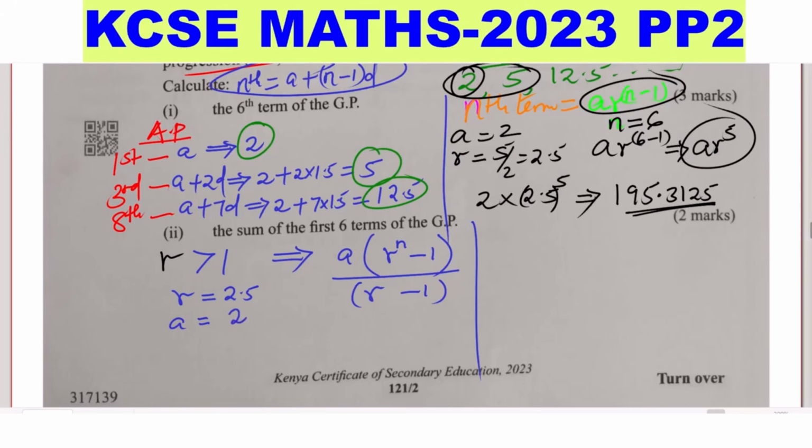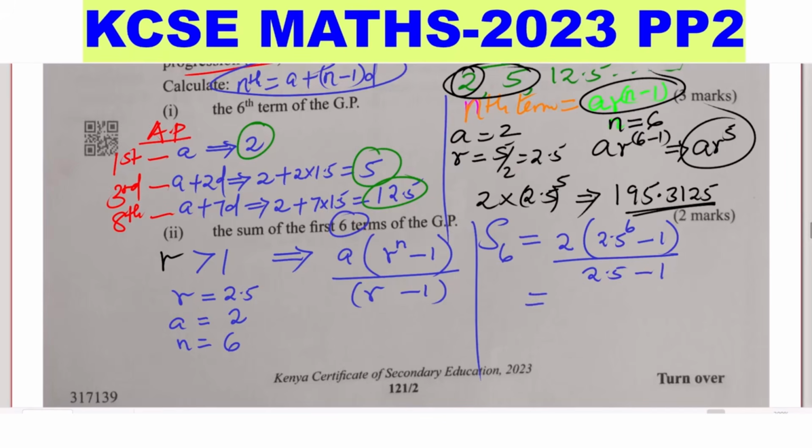So we just need to substitute. So the sum of the 6 terms, because you're getting the sum of the 6 terms, n will be 6. So the sum of the first 6 terms will be given by A, which is 2, times the common ratio 2.5 raised to power 6, then minus 1, over 2.5 minus 1, that is R minus 1.